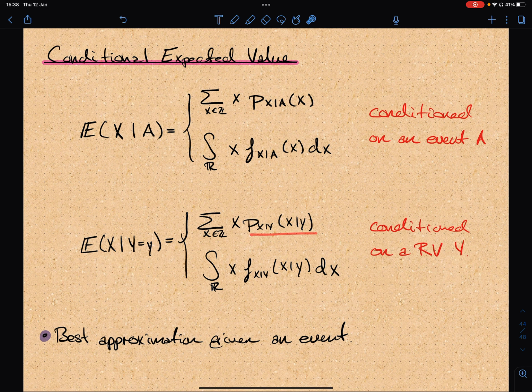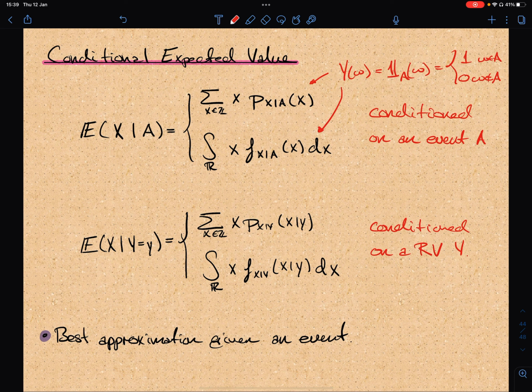I only gave the formula for the case of random variables, but you can think of this as the case where Y is equal to the indicator function of A. To be more specific, you can think of this random variable, given an outcome omega, as equal to the indicator function of A at omega, which is equal to 1 if omega is in A, or 0 if omega is not in A. And this works for both cases.